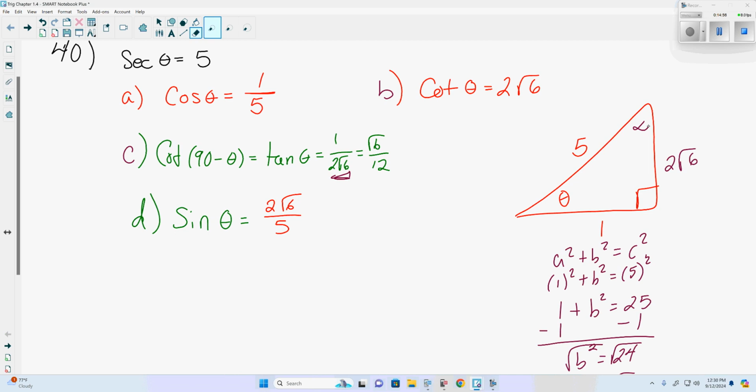Cotangent of 90 minus theta. Let's see, yep.